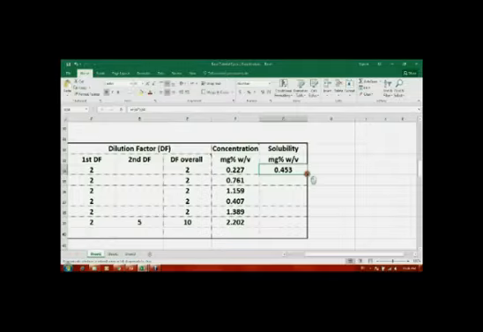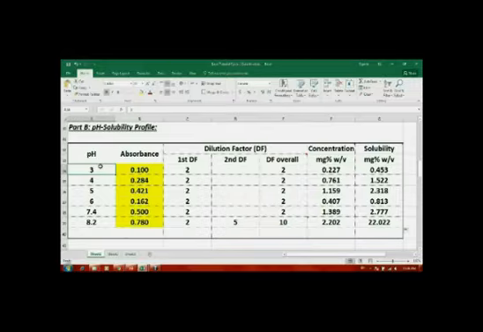Now, plot solubility using milligram percent weight per volume expression versus pH. For this purpose, select from the insert menu scatter charts with smooth lines and markers.